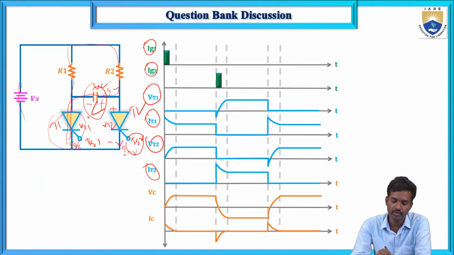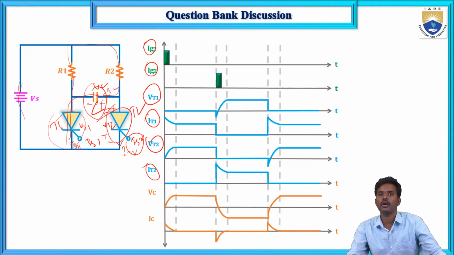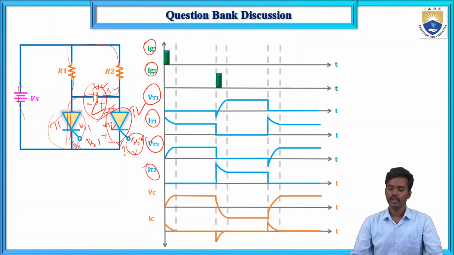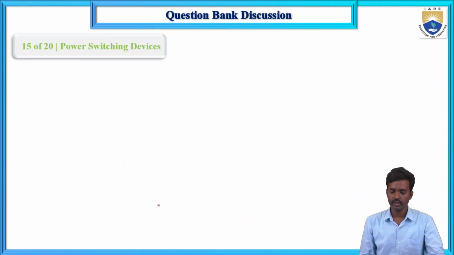And again to turn off this one, this is minus and this is plus, and it will be turned off. So T1 will be turned off when T2 is turned on, and T2 will be turned off when T1 is turned on. These are the waveforms for the class C commutation circuit.